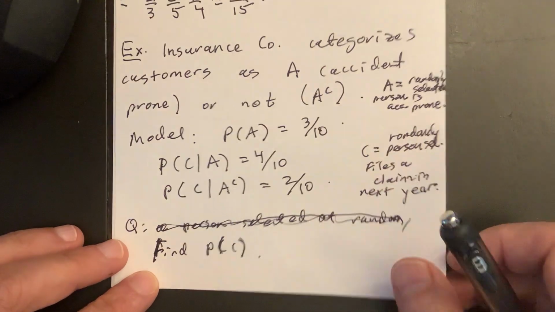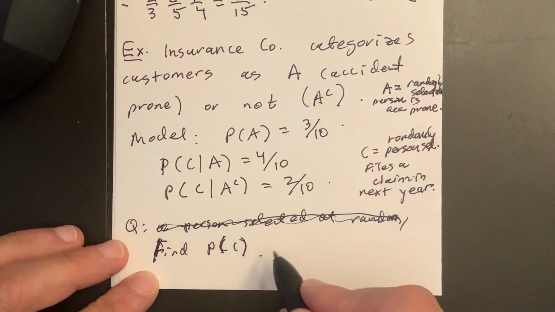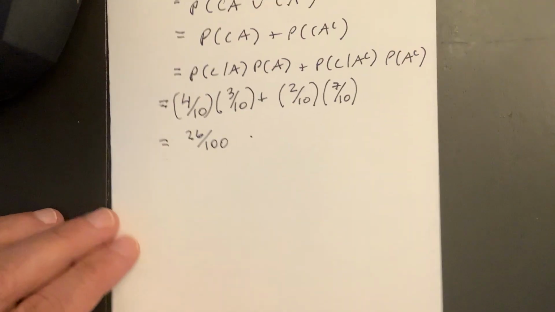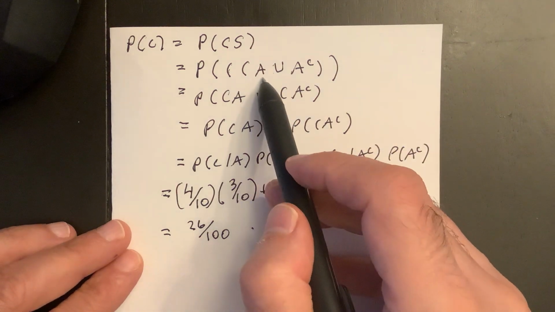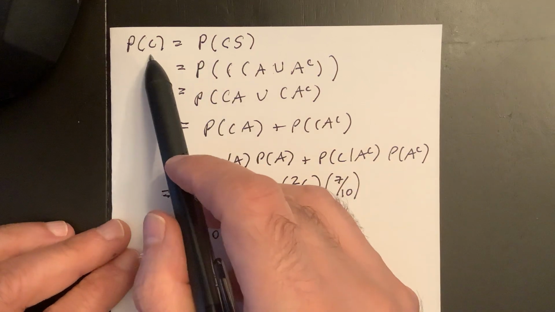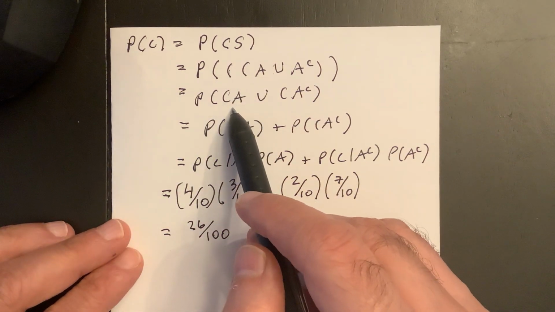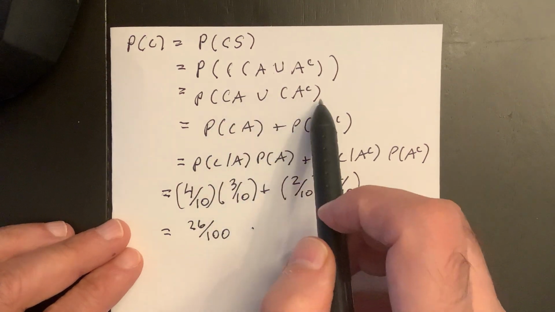And we just found the probability that a randomly selected person files a claim by conditioning on whether they were accident prone or not. And in this case, we developed this trick of decomposing the sample space so that we have written the probability of C as the union of the probability of C over this decomposition, either accident prone or not accident prone.